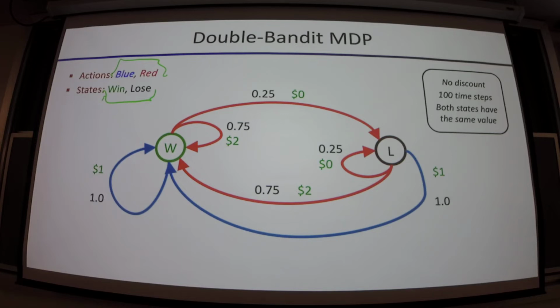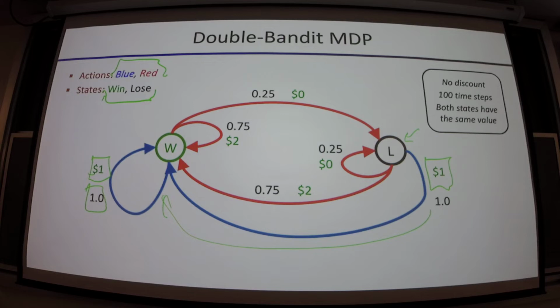Okay. So here are our transition probabilities, right? So if we previously lost, we could pull the blue lever, get $1, and we're a winner for sure, right? Probability 1. That's nice. If we previously won, we could similarly pull the blue lever, get $1, and stay in our won state, right, with probability 1. However, it's a little more interesting with the red lever.